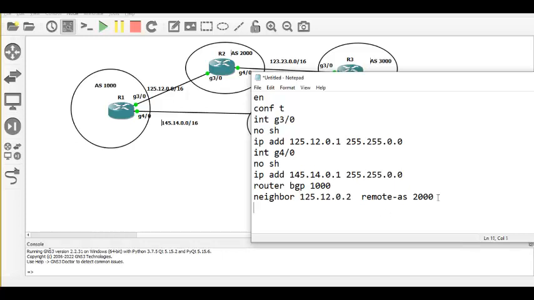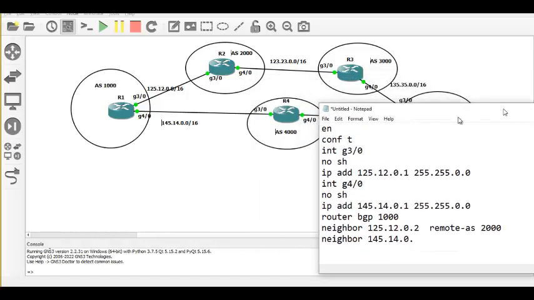Next. Another neighbor, which is 145.14.0.4 for router 4. I'm giving .4.